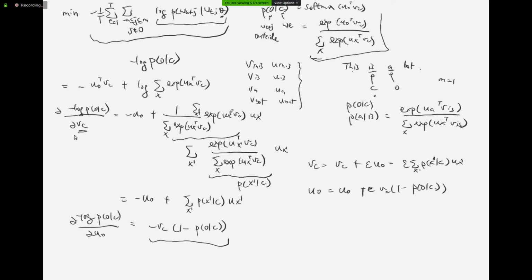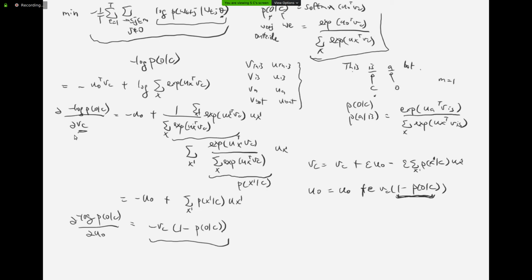What you can see is that we make the outside word representation UO more like VC, the center word, but scaled by this probability, the conditional probability of O given C. Again, this is a very intuitive way.